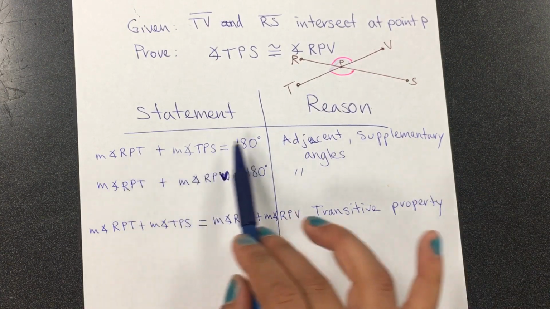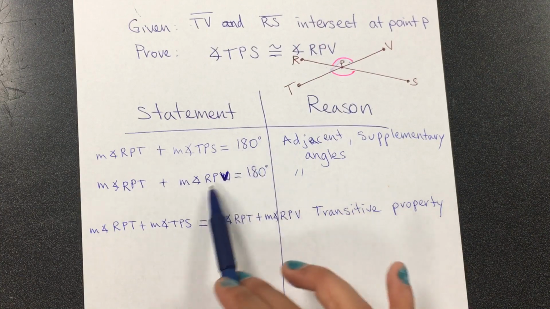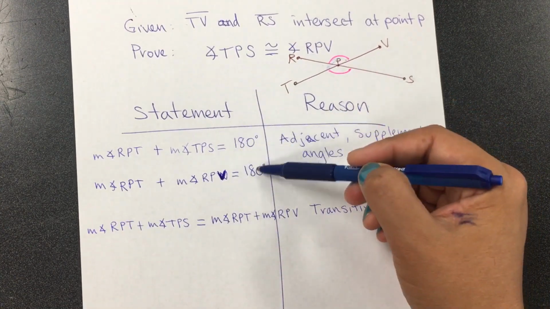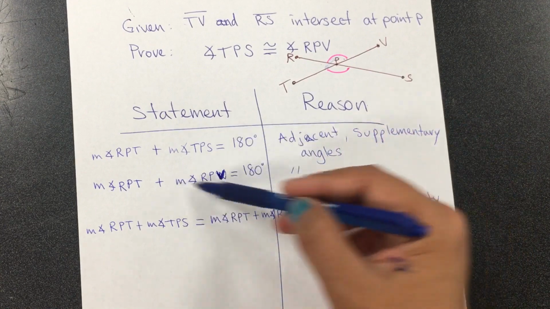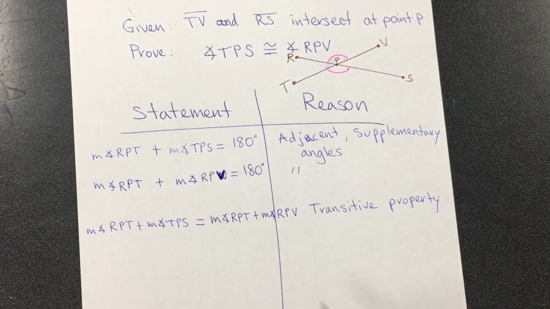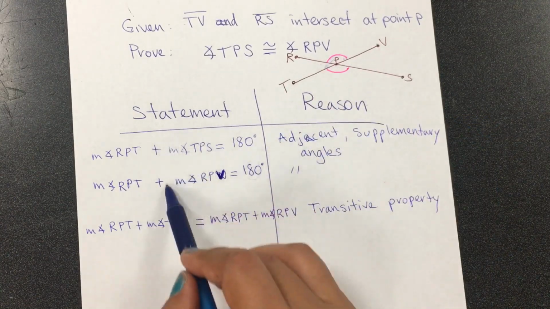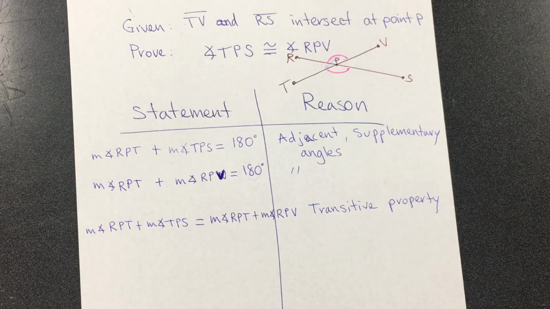Okay, this is equal to this is equal to this, and this 180 is like the intermediate of both, like the middle chair, kind of. Therefore, the chairs on the sides are congruent to each other or the same.